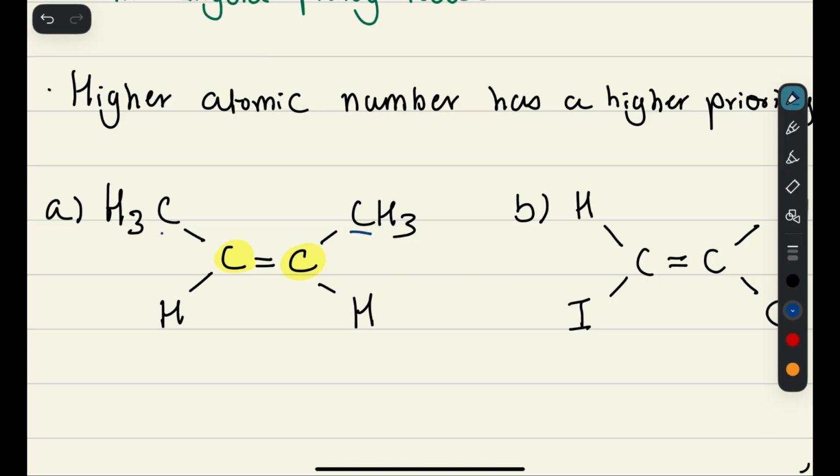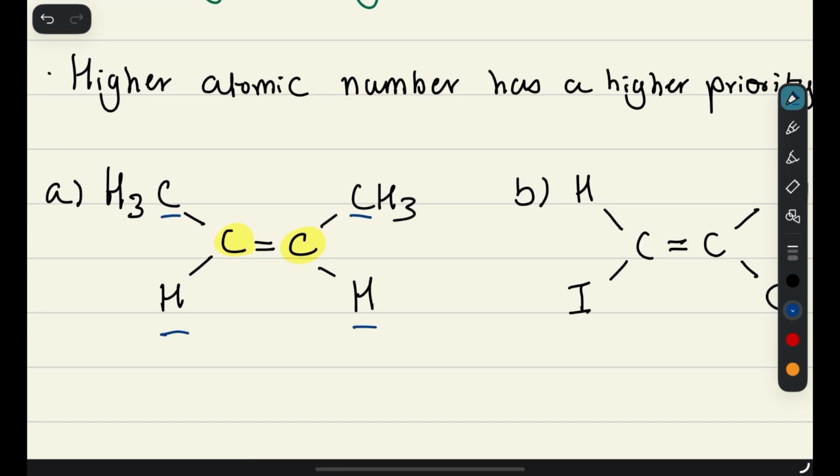So we're comparing carbon and carbon here to hydrogen and hydrogen. Let's look on the left first. Which has the higher atomic number between carbon and hydrogen? Well, it's carbon. Carbon is 6, hydrogen is 1. Same here, 6 and 1. So we're saying that the carbons have the higher priority, meaning that this is a Z isomer.